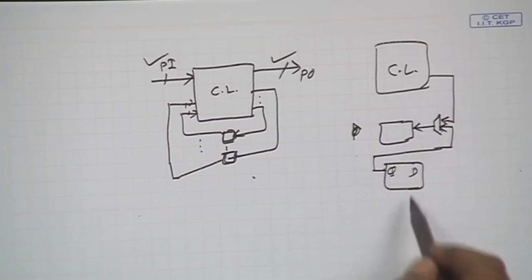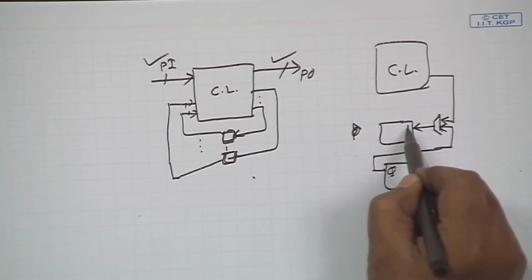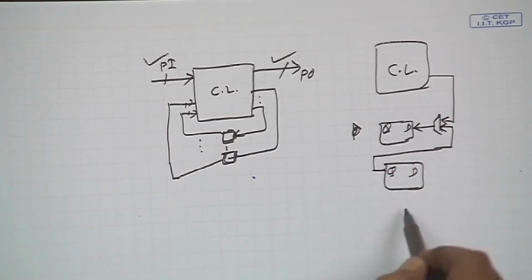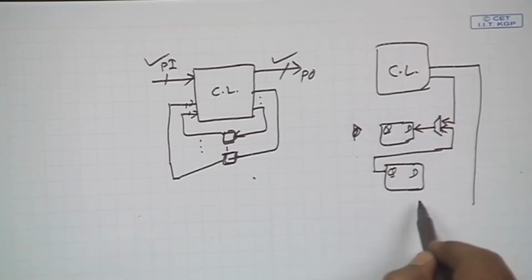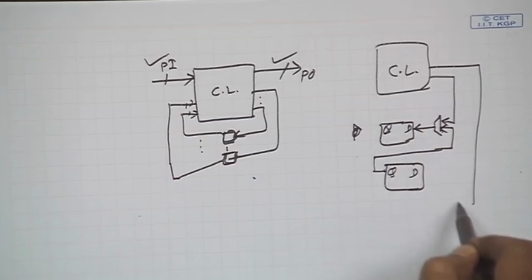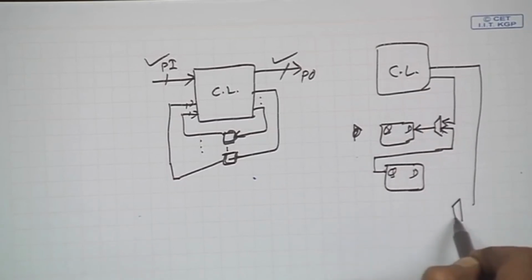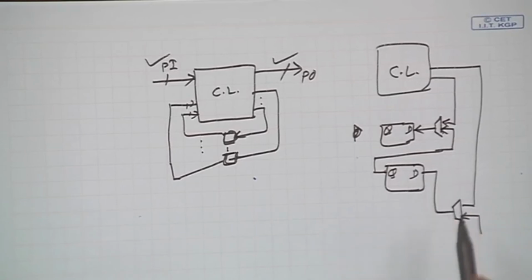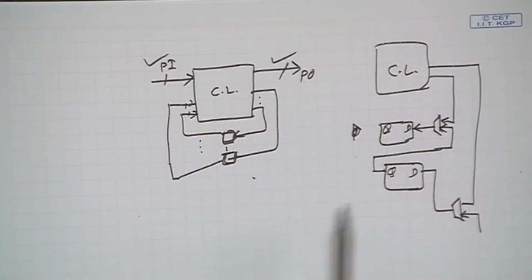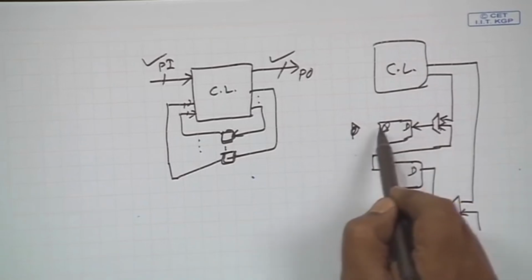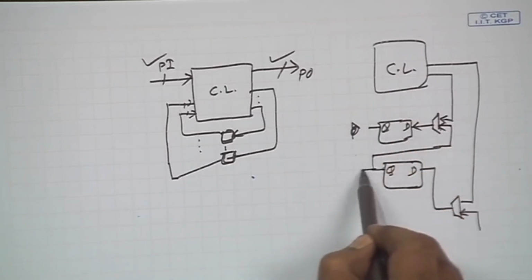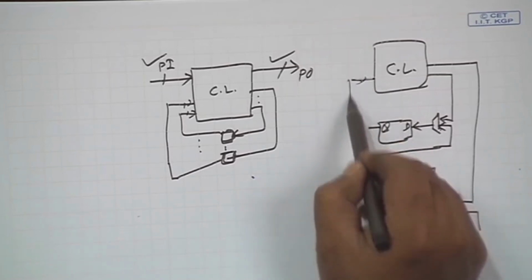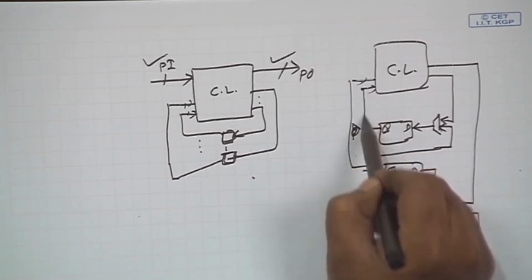Similarly, for this flip flop we have the input coming from here. That will again go to a multiplexer, and this output goes here. All these outputs also simultaneously go to the circuit for normal operation.